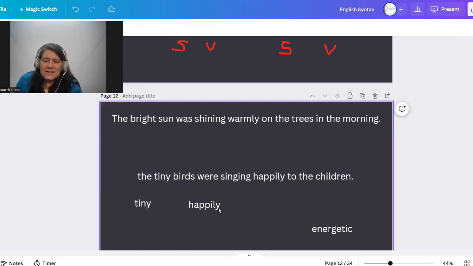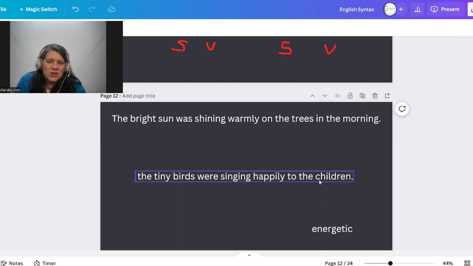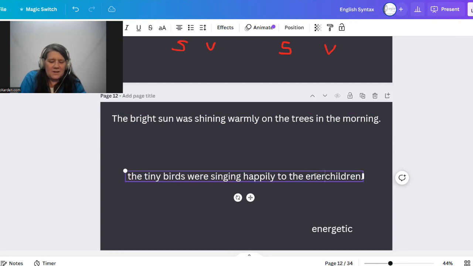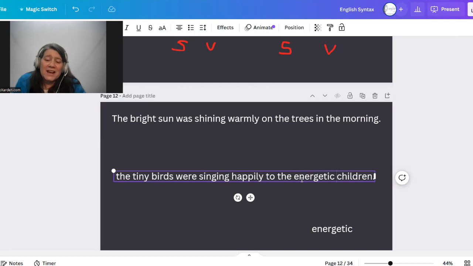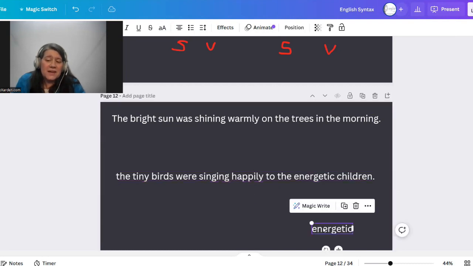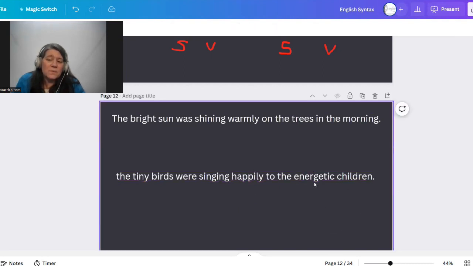Now, we still have one more word we want to put in there. Who is energetic? Remember, it's the children are energetic. So we're going to say, we'll put the word energetic before children because an adjective always goes before the noun that we're talking about. Okay? The bright sun was shining warmly on the trees in the morning. The tiny birds were singing happily to the energetic children.